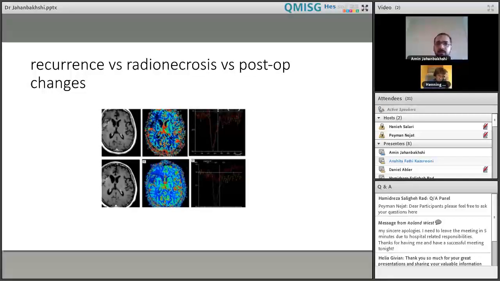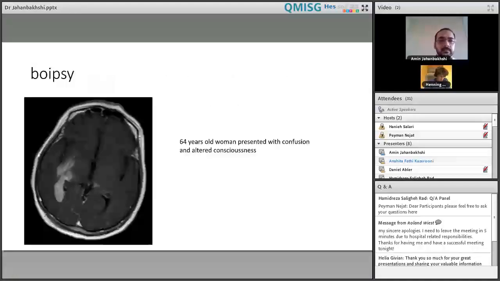So this is a very unsolved problem: we cannot trust perfusion scans and MR spectroscopy to find a clear distinction between the two entities.